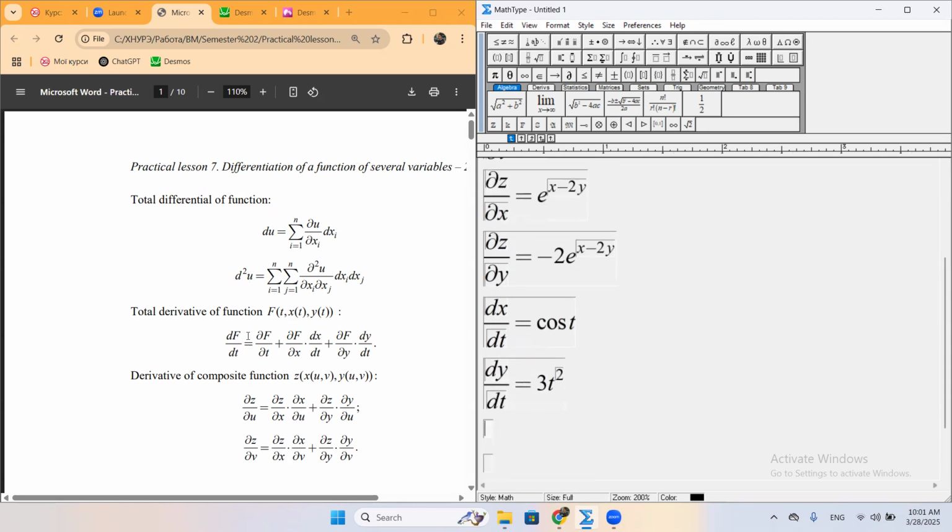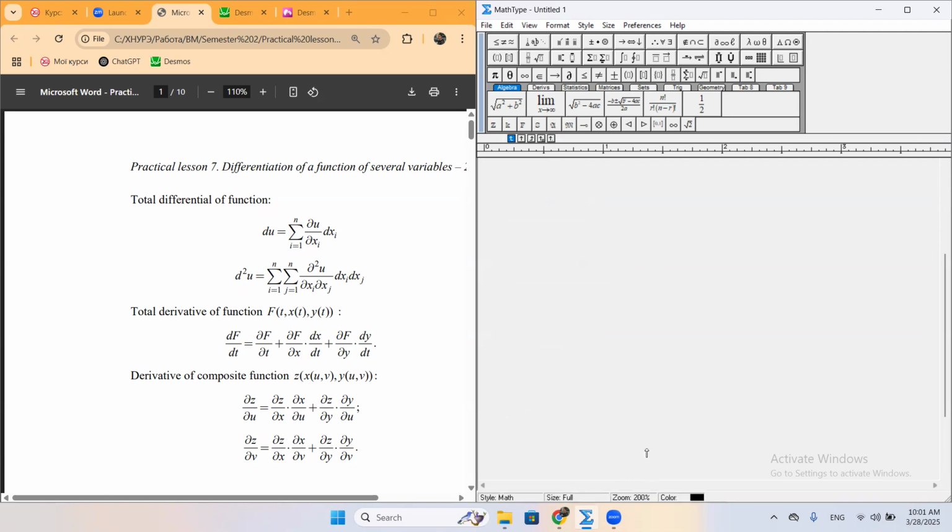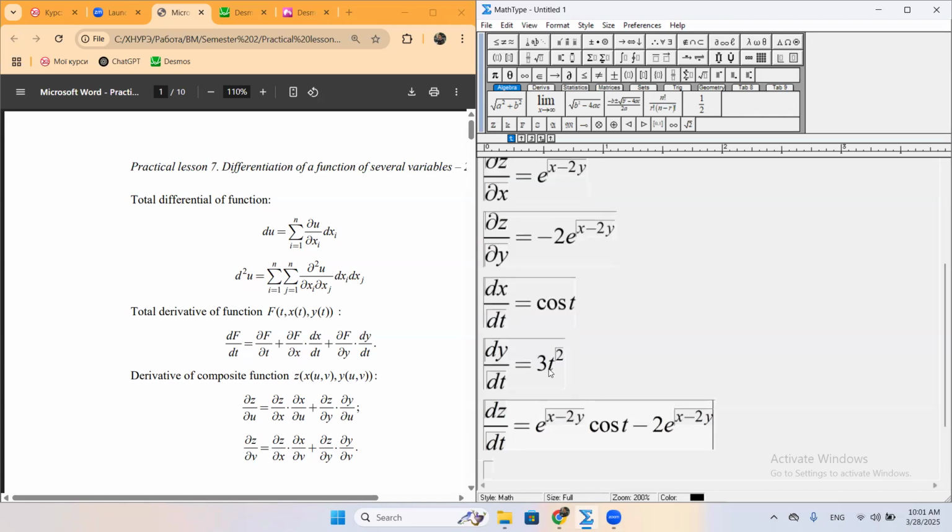So now let's use this formula. Let's multiply everything that we need here. So dz by dt equals e to the power of x minus 2y multiplied by cosine of t, minus 2 e to the power of x minus 2y multiplied by 3t squared.